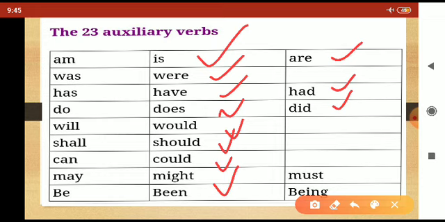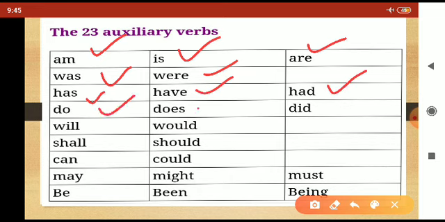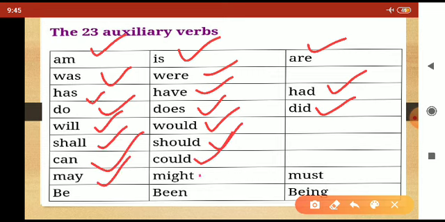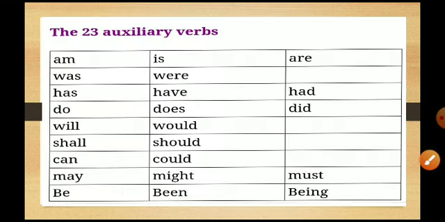So here we have am, is, was, were, has, have, and had, do, does, and did, will, would, shall, and should, can, could, may, might, must, be, been, and being. These are different auxiliary verbs. They are almost 23 in number.